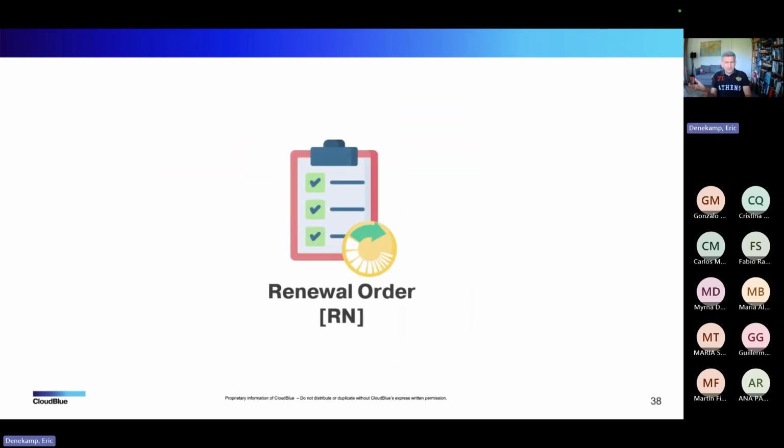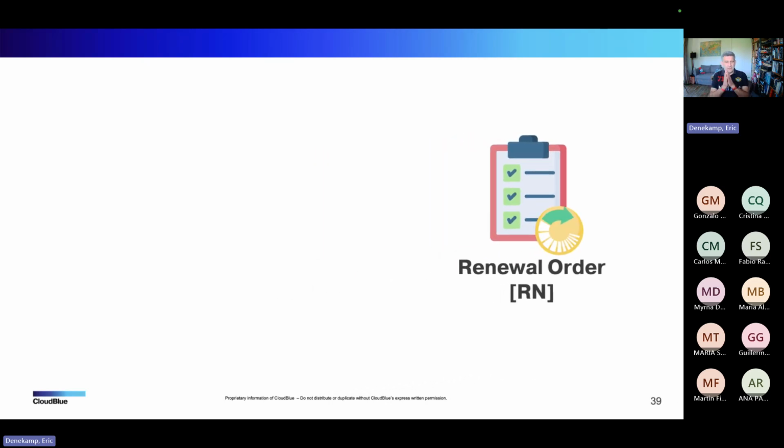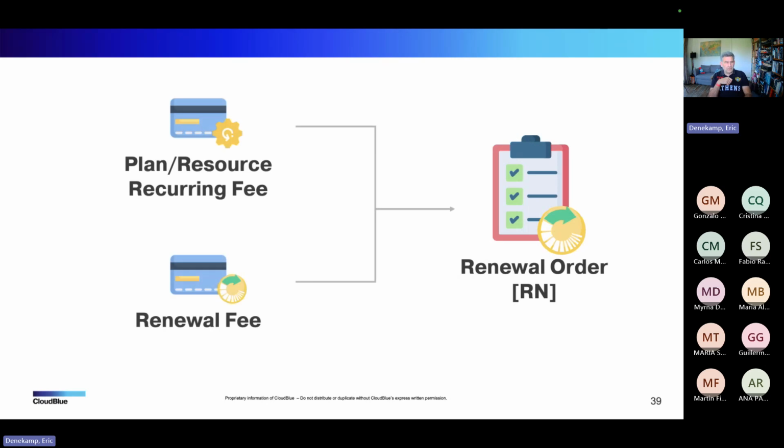As a result of the renewal process, the renewal order is created in billing. So what can we find potentially in that renewal order? Well, the first one is that renewal fee. If you set up a renewal fee for the plan, for the resources, it will be charged during the renewal order.